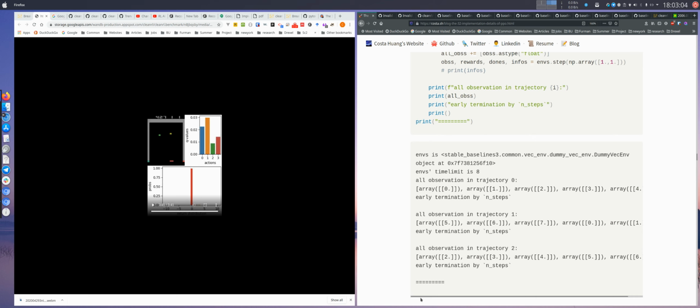So yes, exactly at that part, even in trajectory 0, even if the final state is 4, if we do not bootstrap, so next episode starts at 5.